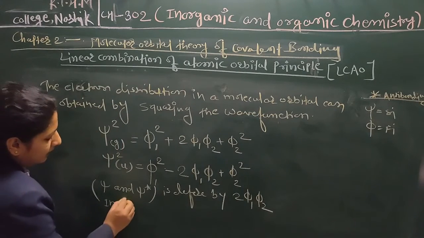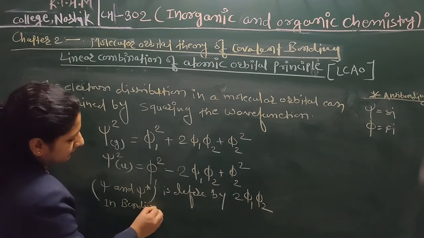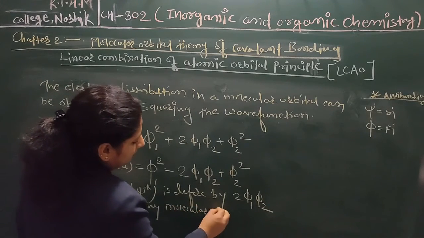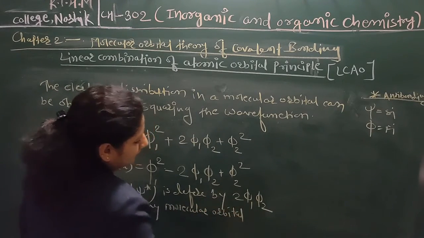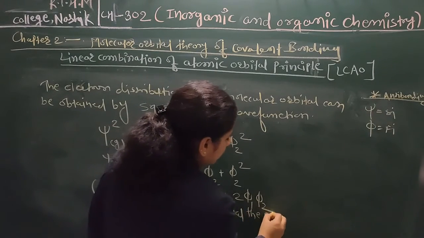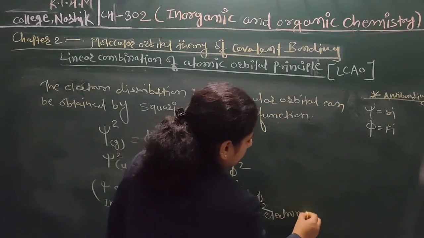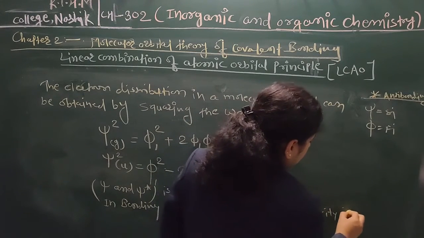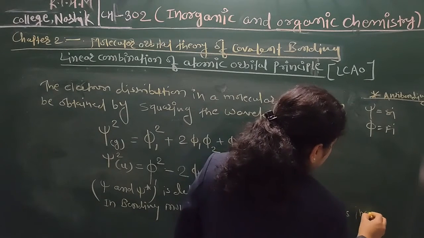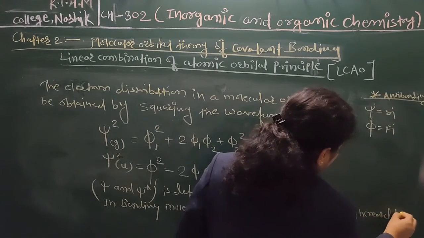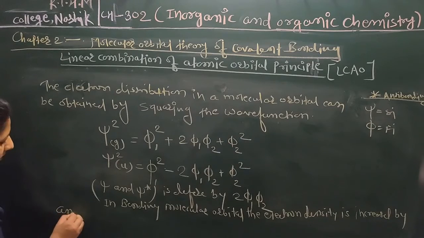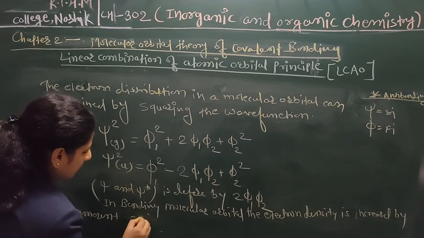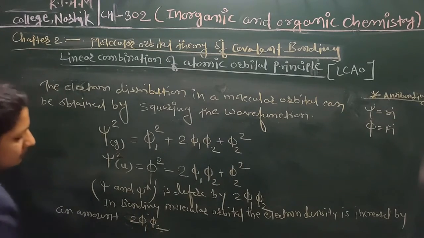In the bonding molecular orbital, the electron density increases by an amount 2 phi 1 phi 2.